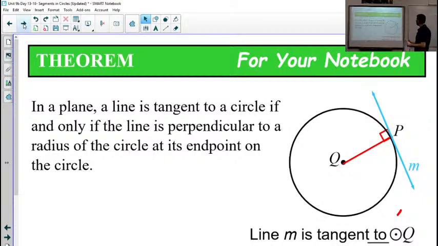In a plane, a line is tangent to a circle if and only if the line is perpendicular to the radius of the circle at its endpoint. So this statement is a biconditional statement, which means that it's two different if-then statements wrapped into one. So we can solve these problems in two different directions.